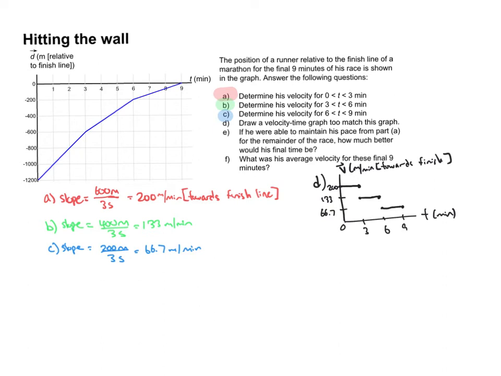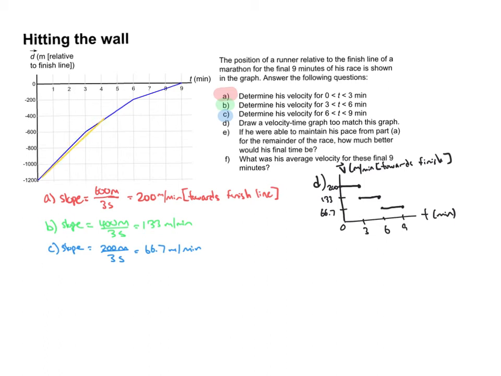So if I start at negative 1200, okay, now I want the draw line function. Let's try that again. There we go.